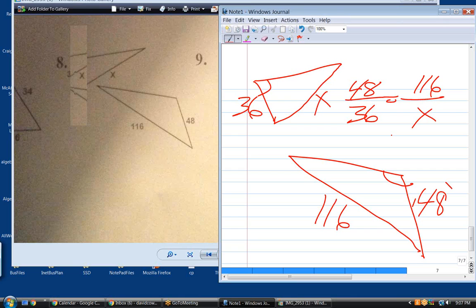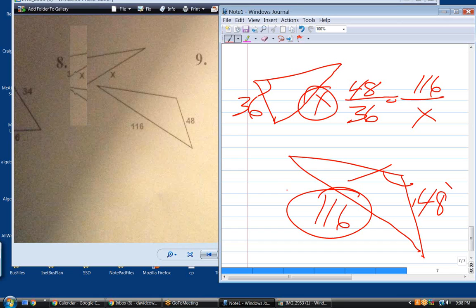That's maintaining the big to little. We know this is the bigger triangle. And that's the corresponding side to that, because they're both opposite the obtuse angle. So that's one way to tell. If you can find the obtuse angle, then the side that's opposite it is the corresponding side on the other triangle.